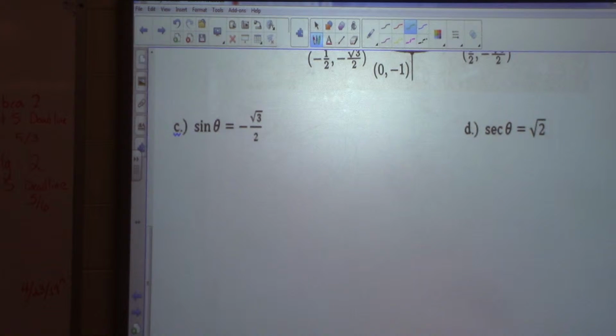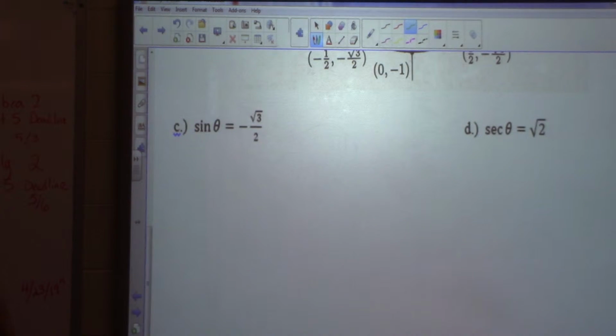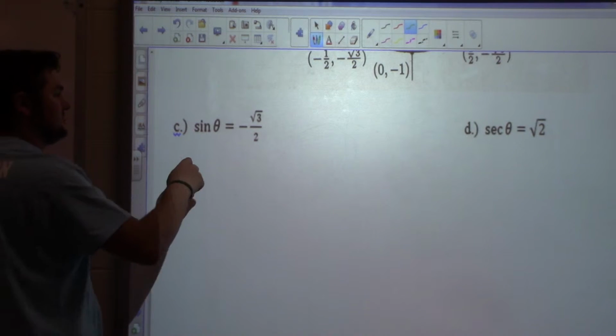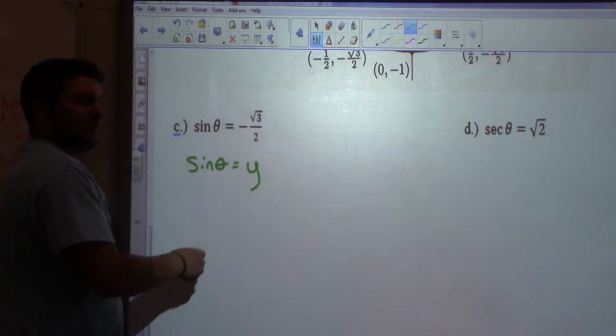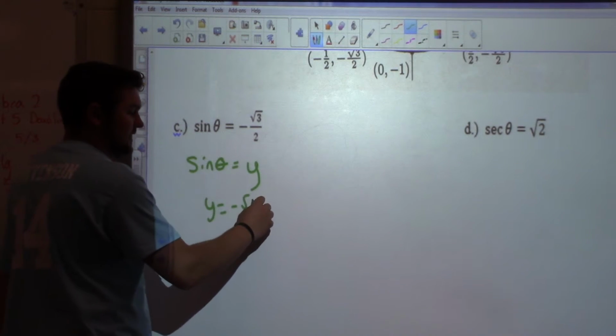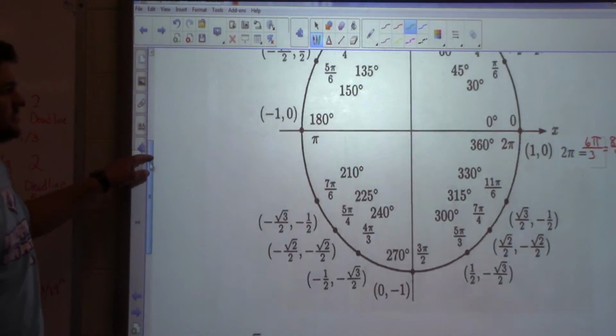Alright, let's go through them. First one, C. Sine of theta equals what? Sine of theta is y. So, where does y equal negative square root of 3 over 2? Let's look on our unit circle.